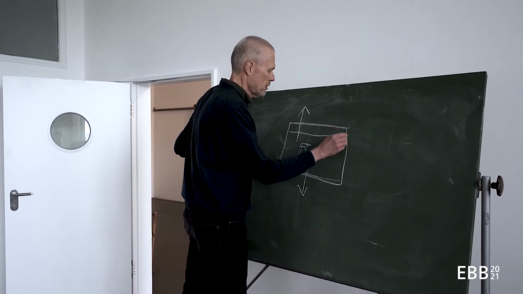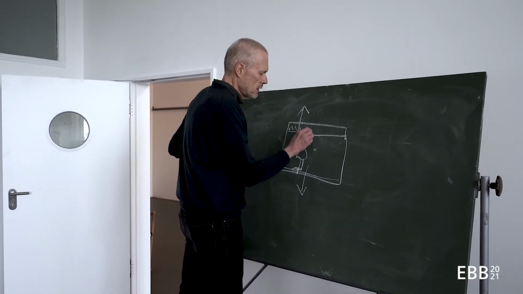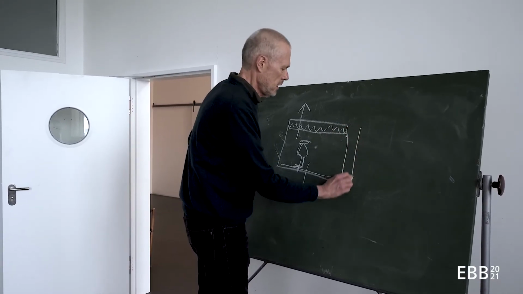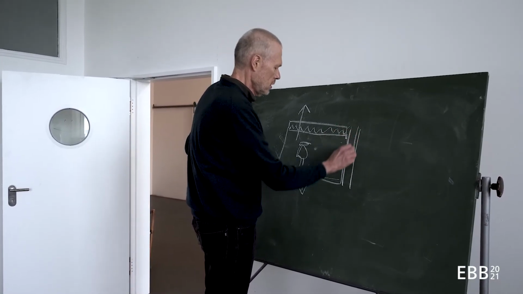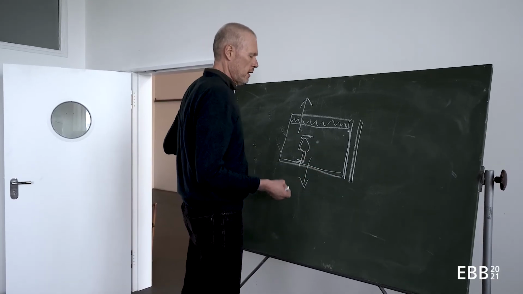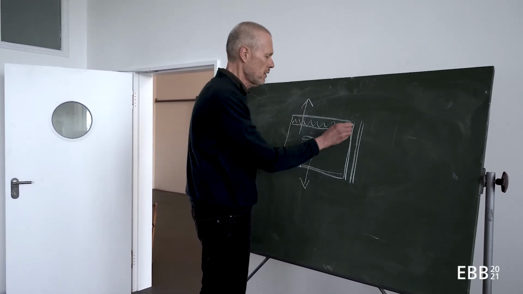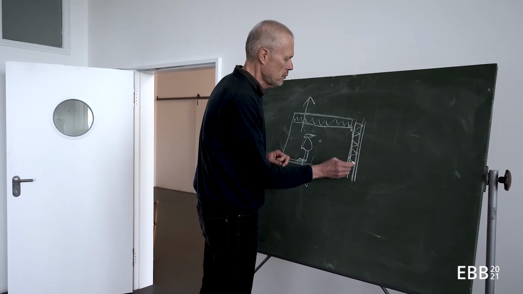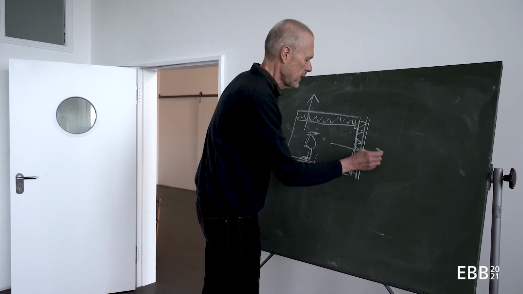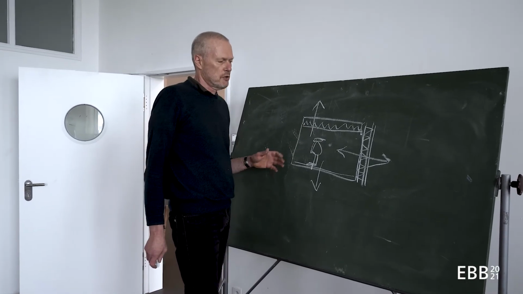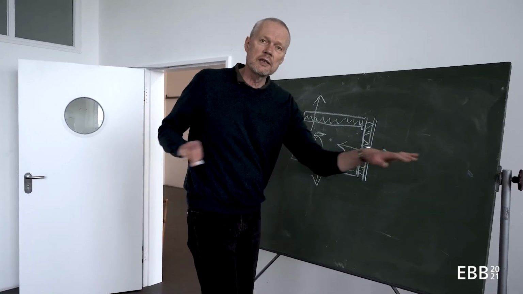So this is where suspended ceilings and sound insulation come in, and it can be through the walls. And this is why, for example, drywalls are two layers with sound insulation in between. This is to protect against sound transmission from one space to the other on the same level.